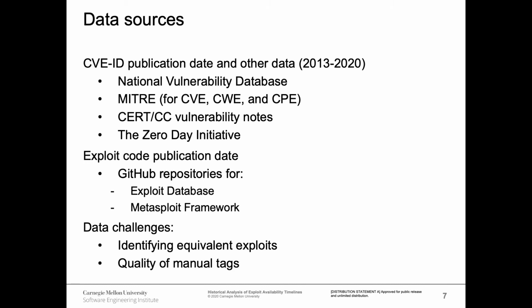Of course, there are heuristics and fuzzing and all of these things used to help with that, but so far we find that the manual tags are better quality and much more efficient, because it's just text matching. And so we rely on that. There are going to be some pieces of exploit code in these repositories that are improperly labeled and we will miss, so we should consider that to be undercounted slightly.